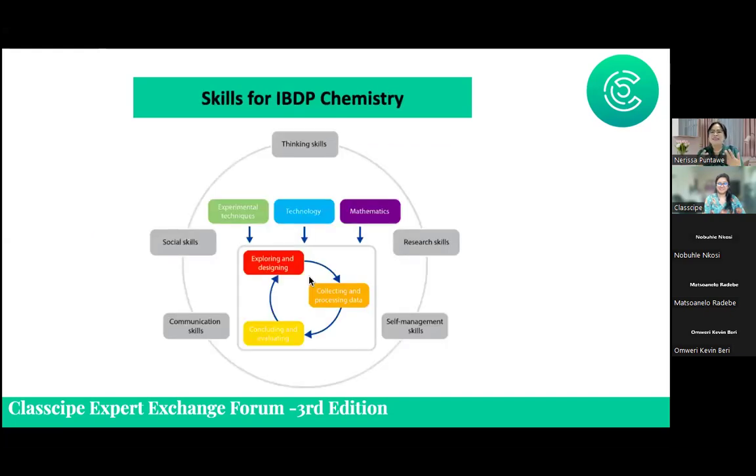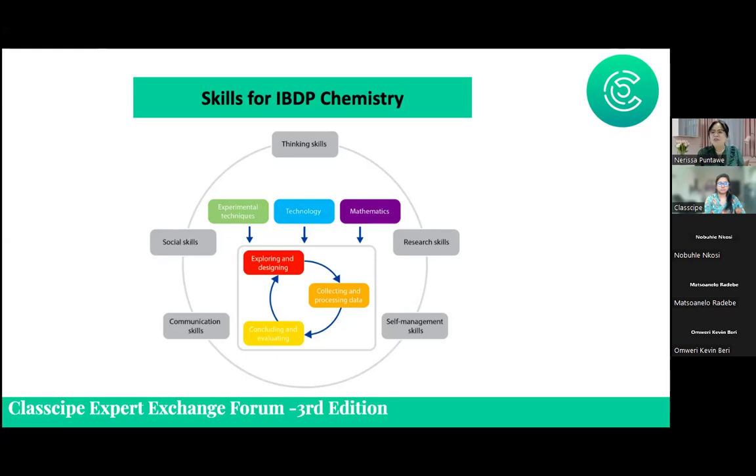Now let's take a look at the skills for IBDP chemistry. In IB, this is really different from other curricula because of the development of the approaches to learning skills.